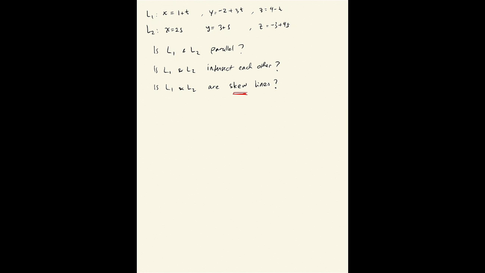So how are you going to evaluate whether both lines are parallel, or maybe they intersect each other, or maybe not in the same plane? They are not parallel, not intersecting each other.